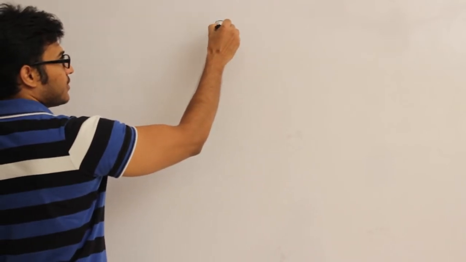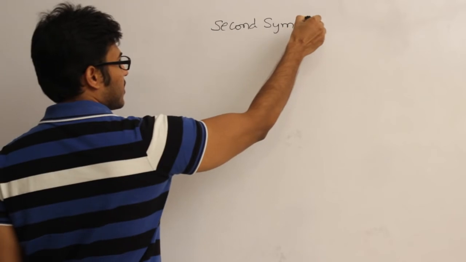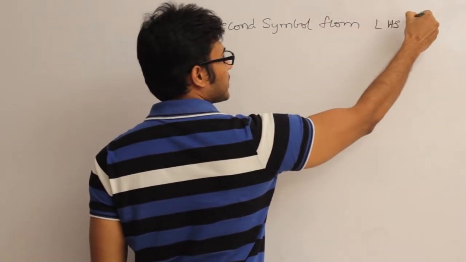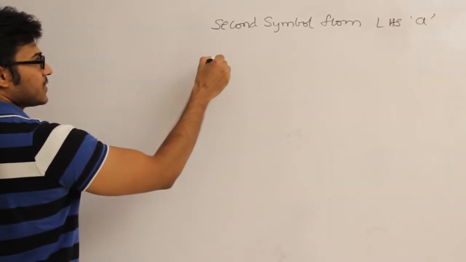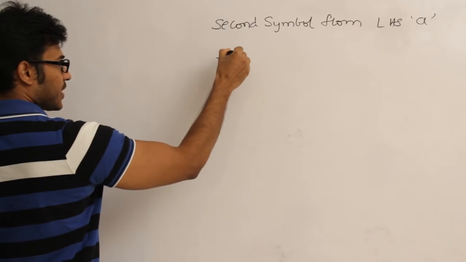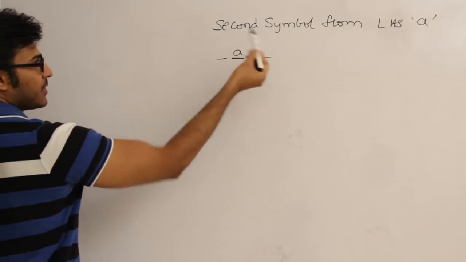In DFA we have seen a problem where the second symbol from LHS is A, which means I don't care what the first symbol is, it can be A or B, but the second symbol has to be A, and then there can be anything following it.